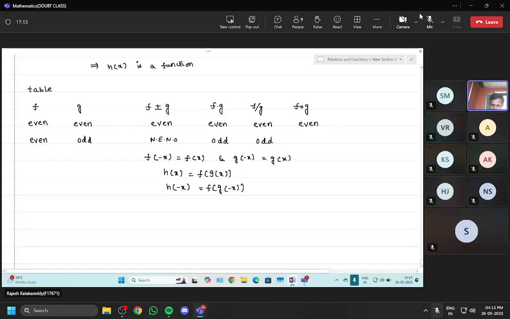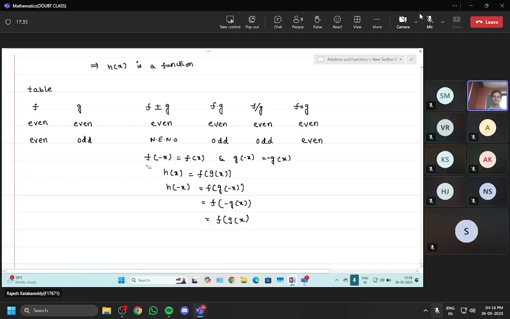Since g of minus x is equals to minus g of x, it becomes f of minus g of x. g of x is odd function. f of x is even function. This becomes f of g of x. Therefore, it is even. In composition case, if at least one is even, the composition will be even.